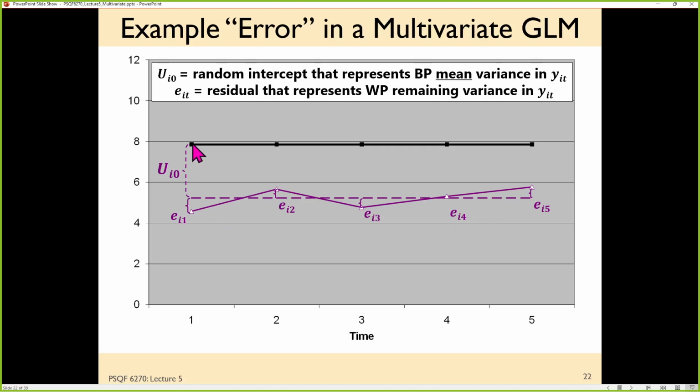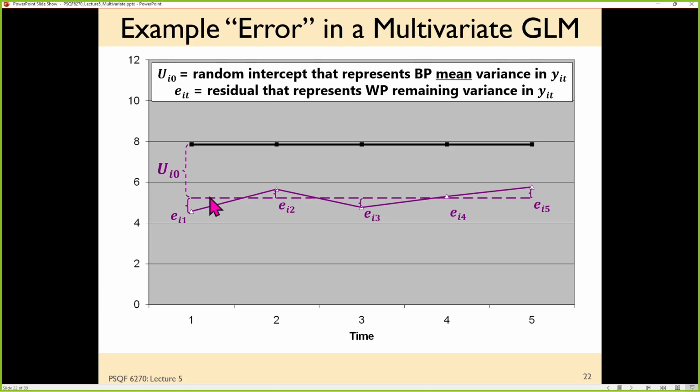What a random intercept does is take the total distance between the outcome that is predicted from the model for the fixed effects means and the actual outcome for this person, and it splits it. Instead of trying to cover the full distance, we try to figure out what the mean for that person would be, and U captures the difference between the fixed effect predicted mean and the individual person's mean.